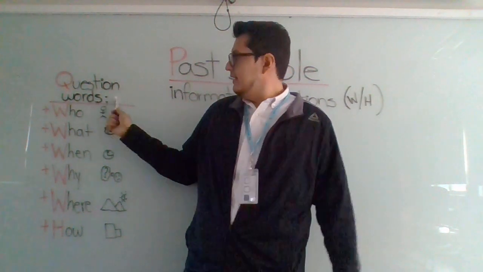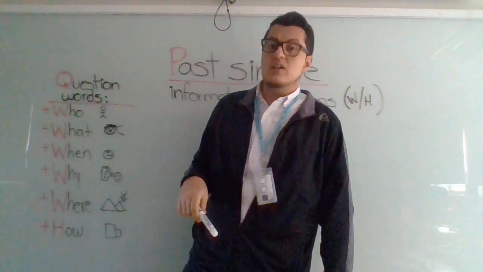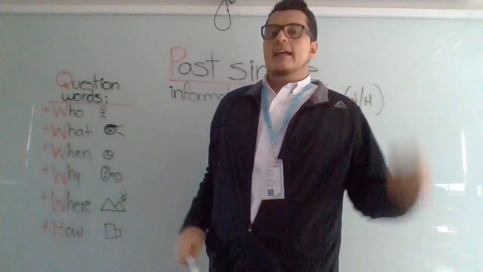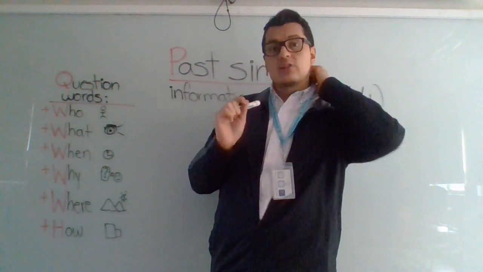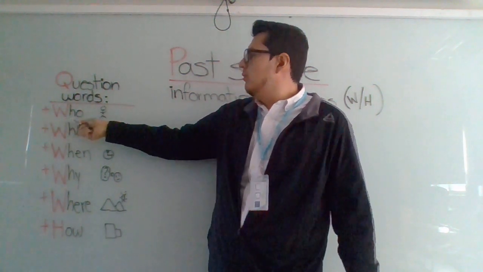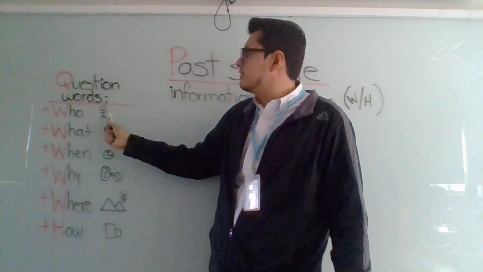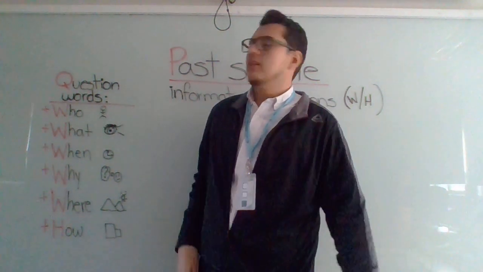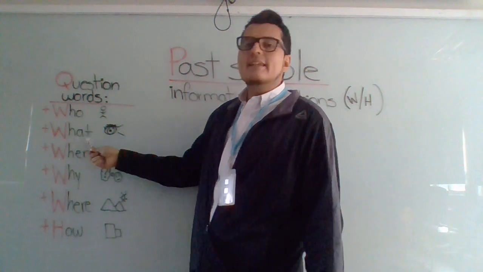Let's start checking this side of the board. We have question words and each one has a specific use. So let's see. Who? We use who when we want to ask for a person, for people. Next is what.